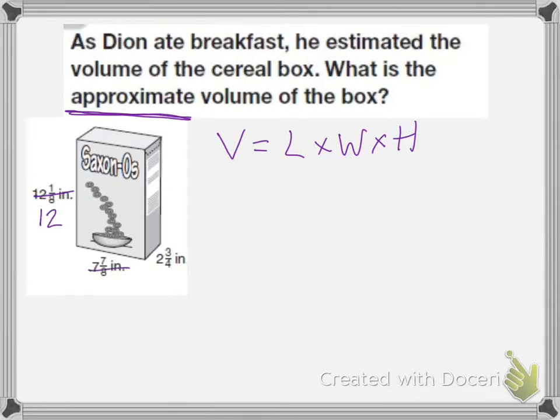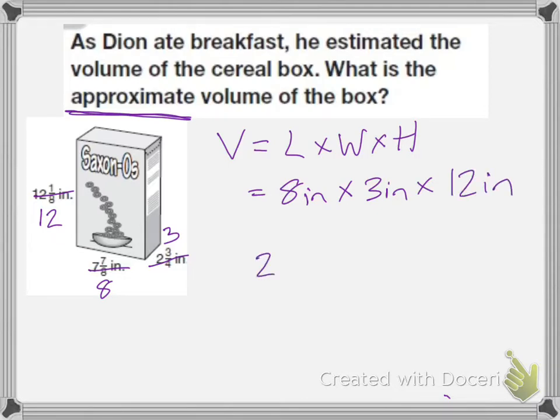The 7 7/8 is going to round to 8, and the 2 3/4 will round to 3. So I end up with the length, 8 inches, times width, 3 inches, times height, 12 inches. 8 times 3 is 24. 24 times 12 is 288 cubic inches.